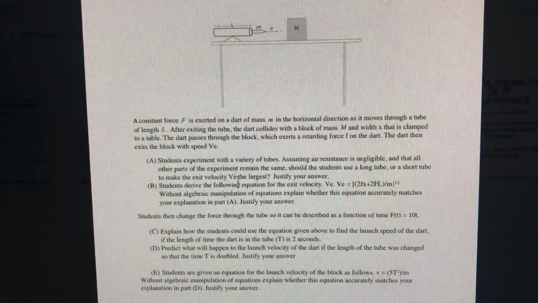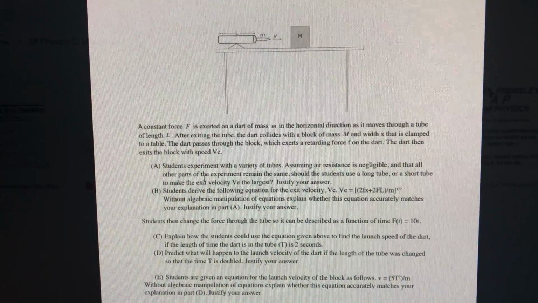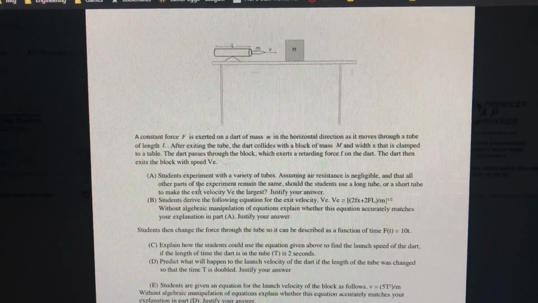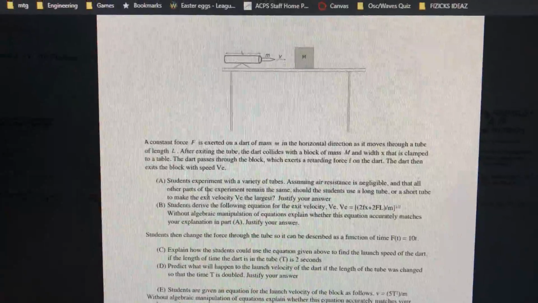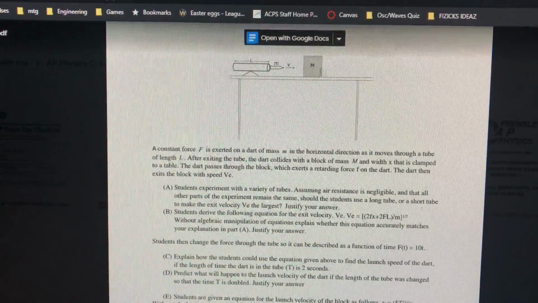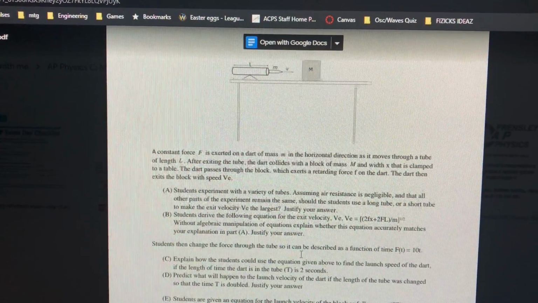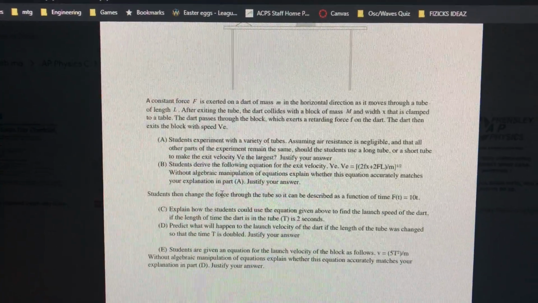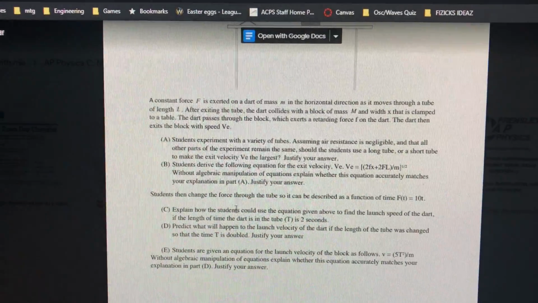Very similar question to part A, in the sense that if we know a force, how does that force impact the velocity of the dart? And this time it's the launch velocity coming right out of the tube. How does the force affect that? So again, the link between force and motion is important for these.